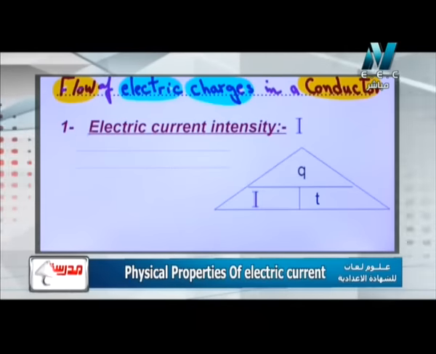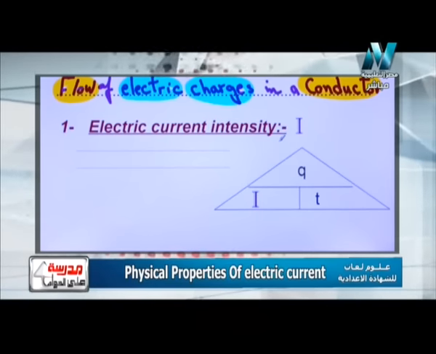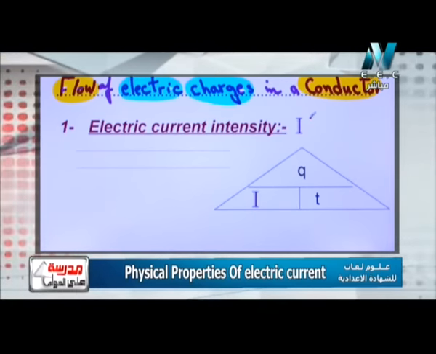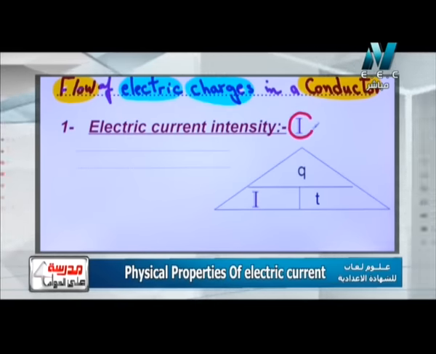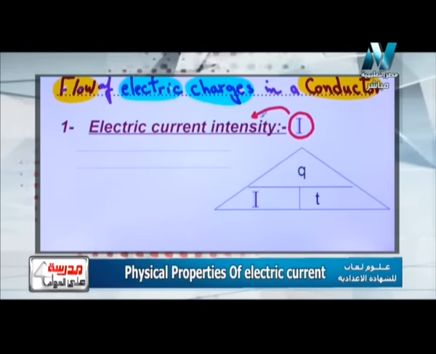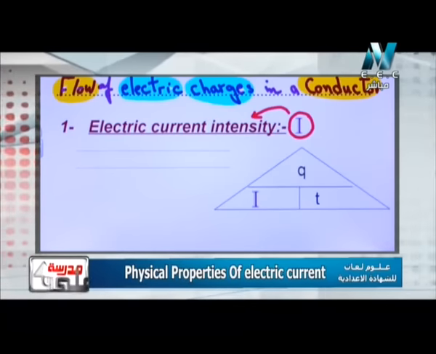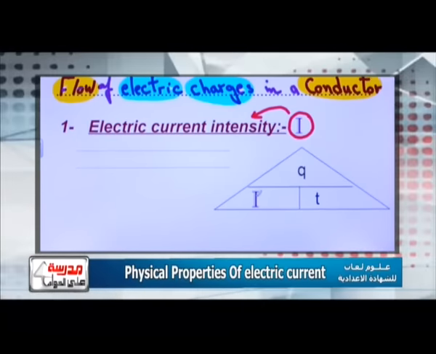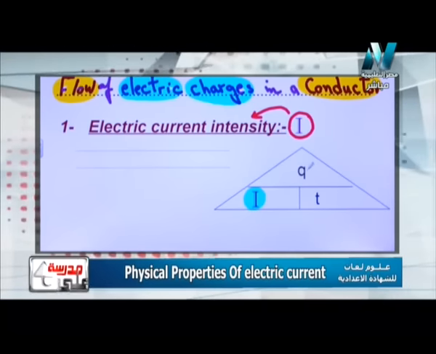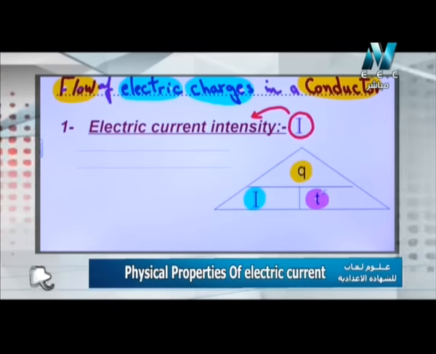We have here a magic triangle, as we know: electric current intensity, and its symbol is capital I. We have three symbols here: I equals Q over T, as we see here.